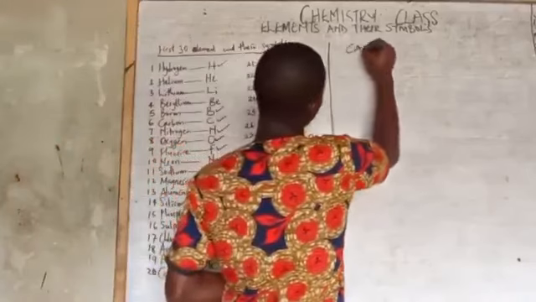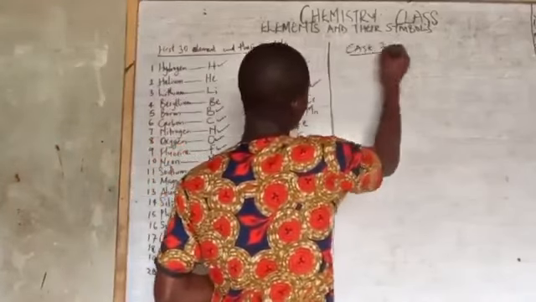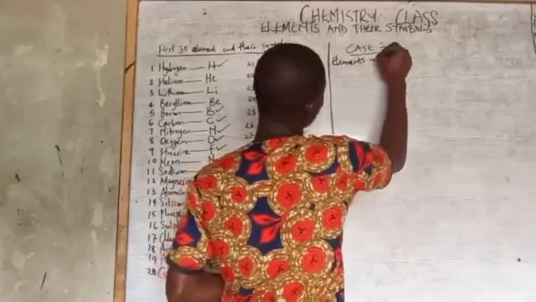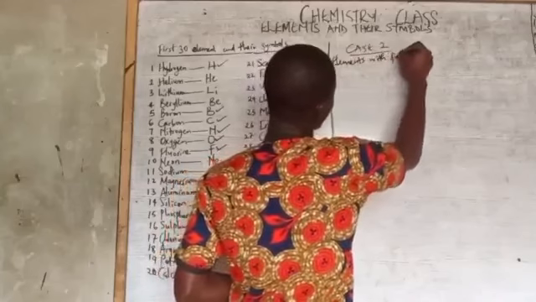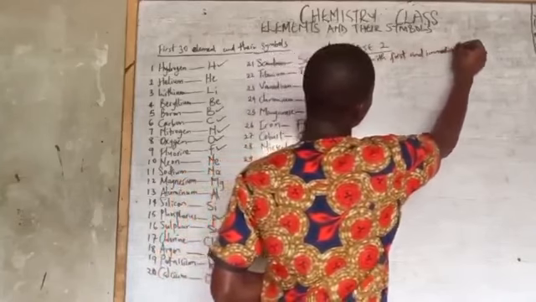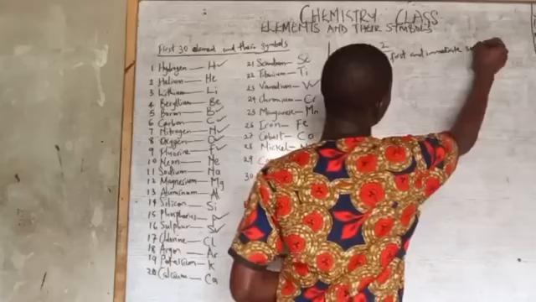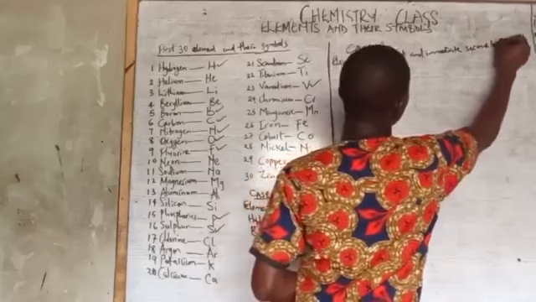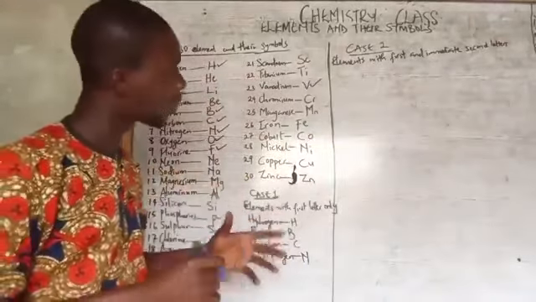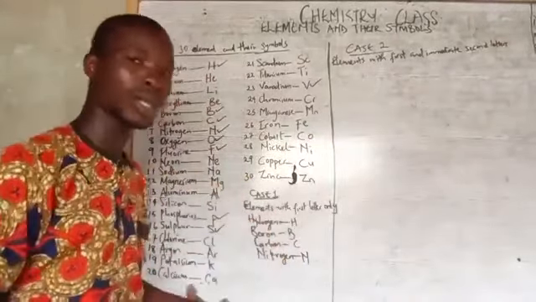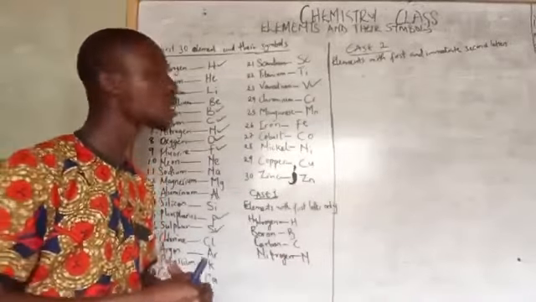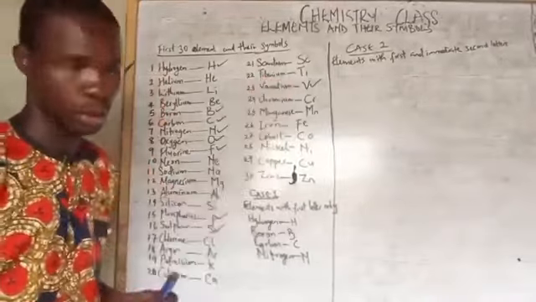He said that elements with the first and immediate second letters. Elements with the first letter and the second letter that follows after it. Let's figure out those elements to know which belong to case 2.